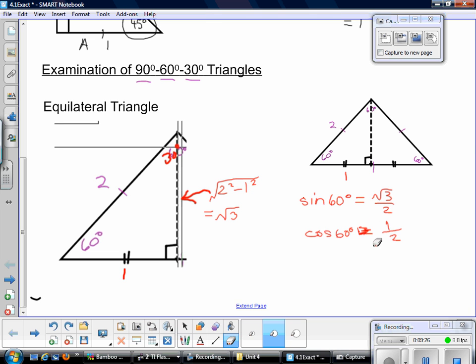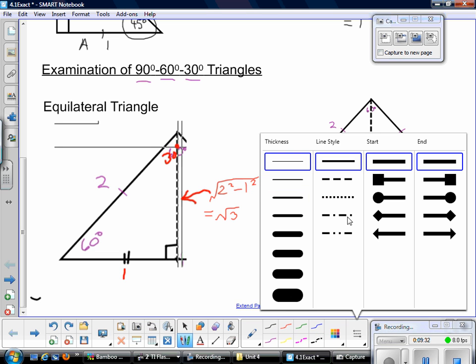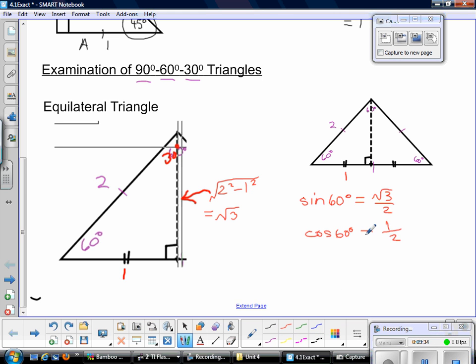In fact, let's make it disappear. And then the tan of 60 is opposite over adjacent, which is root 3 over 1, so that's root 3. So that is using this triangle to find the sine, cos, and tan of the angle 60.